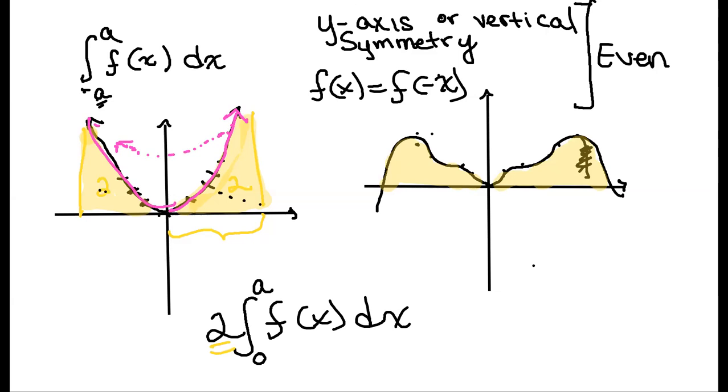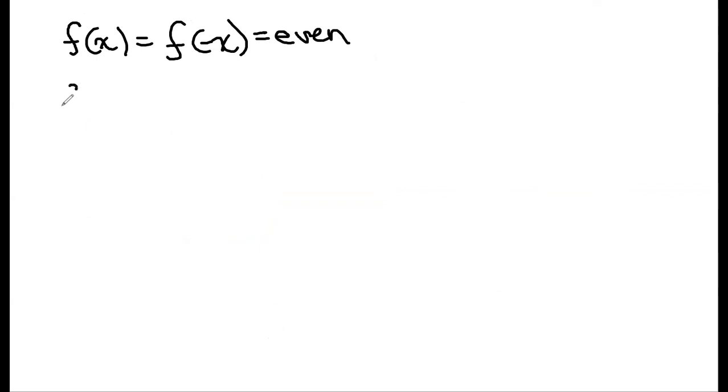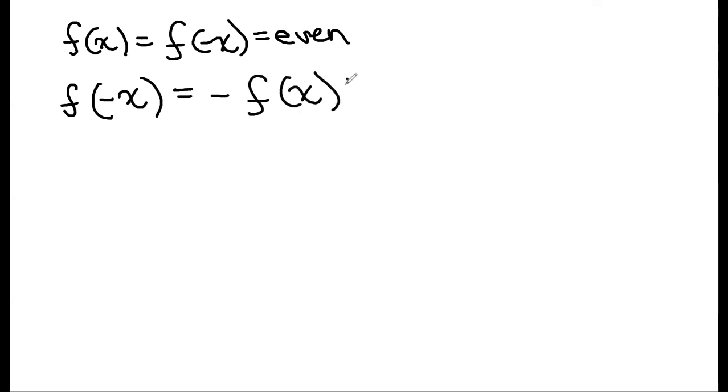Now let's go through this. If f of x is equal to f of negative x, that's even. We know that. If I plug in negative x and I get negative f of x, that's going to be odd.